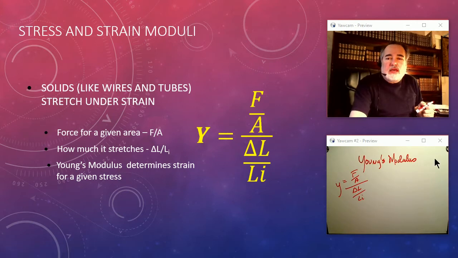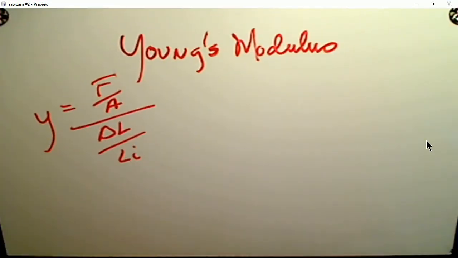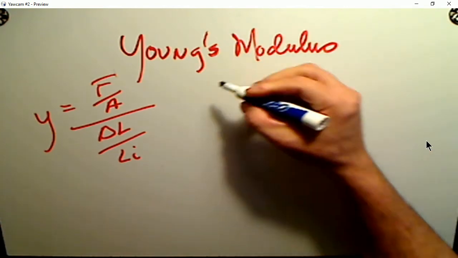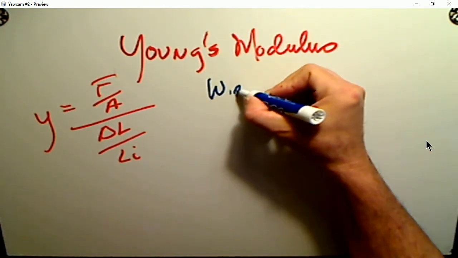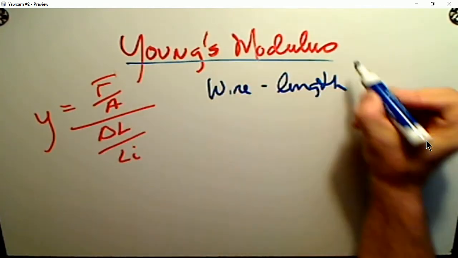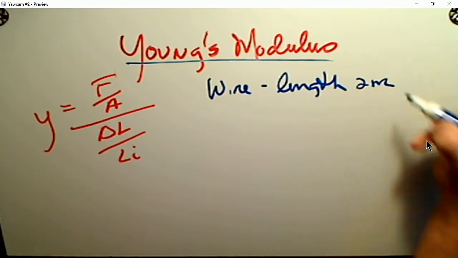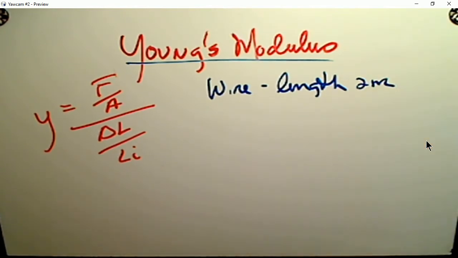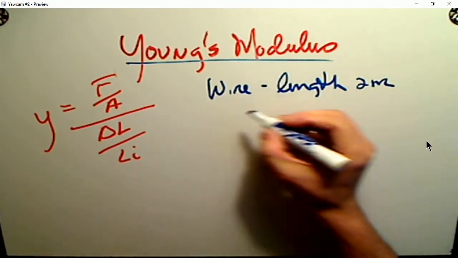Let's do an example. Let's say I have a wire. It has a length of 2 meters. Let's say it's steel.